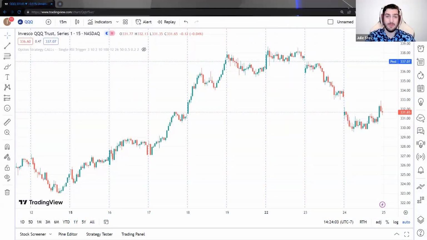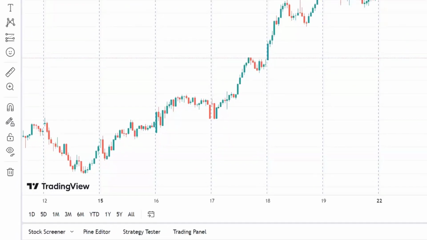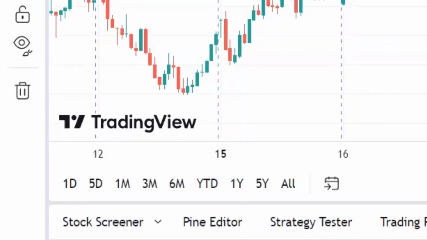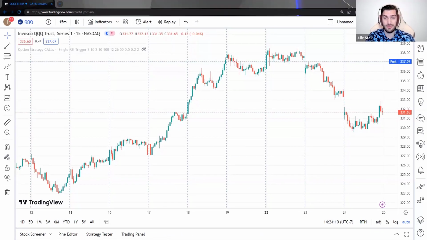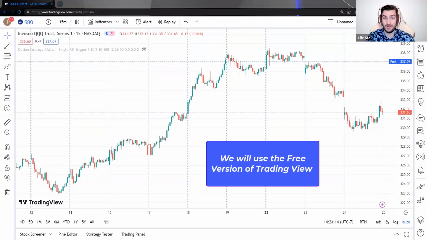The platform that we're going to be using for this series is called TradingView. It is a well-respected industry standard tool for charting analysis and strategy analysis. Within TradingView, you are able to create backtesting scripts as well as create alerts.